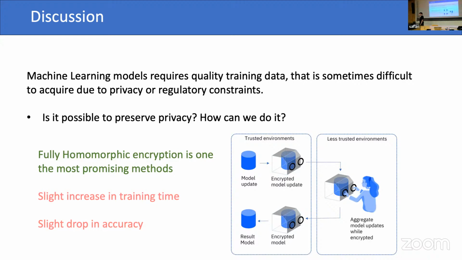Simply, when we want to deep learn on a new model, we give the model to someone. They use their own data, so they can keep the privacy, to train the model, and then they give you back the model trained with their data. So they make sure that your data doesn't ever leave the trusted environments.